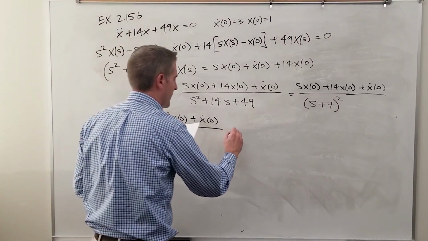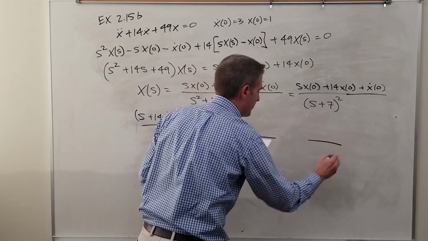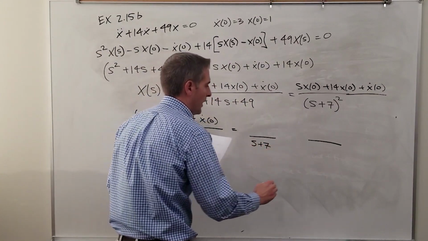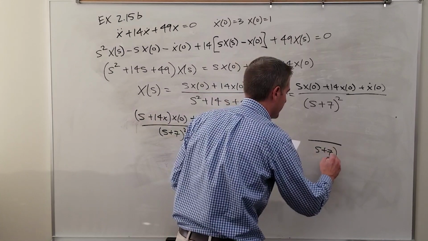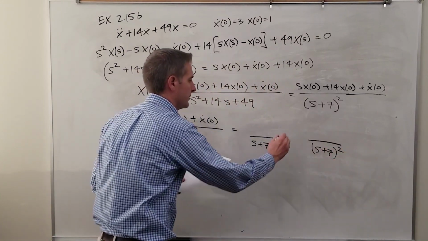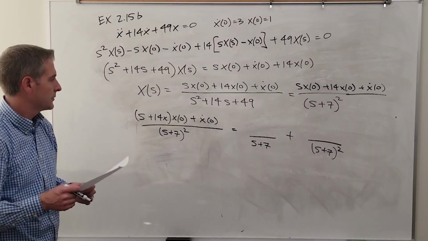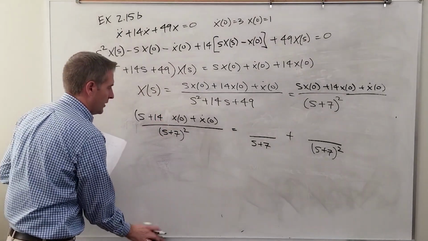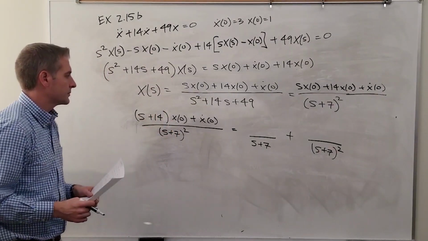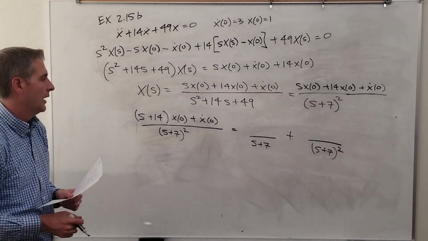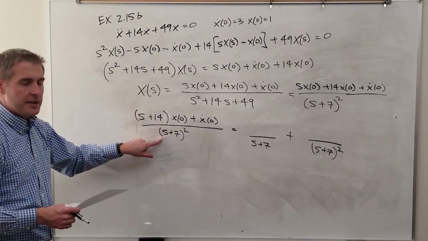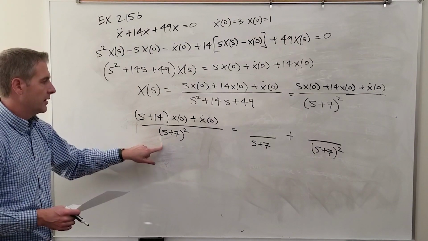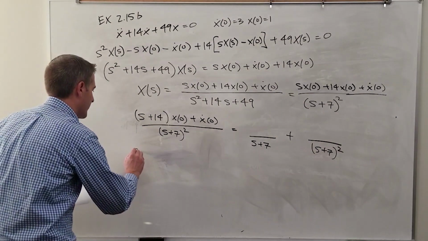And it can be equal to, well, maybe, potentially, two terms, one of which is s plus 7, and the other one which is s plus 7 squared. Whoops, I made a little mistake right here. This is just s plus 14. Well, let's see, first of all, if our classic way of partial fraction expansion will work. So I'll multiply the top and the bottom.